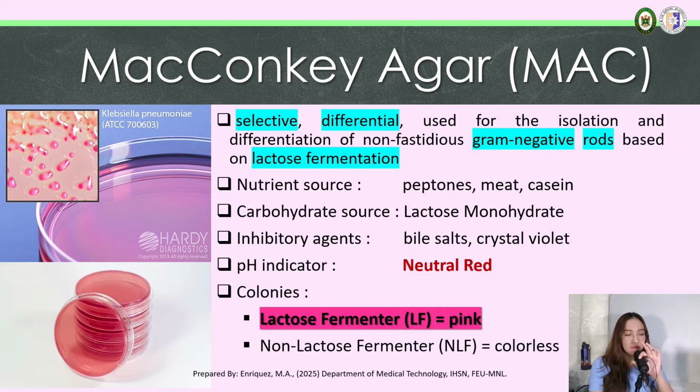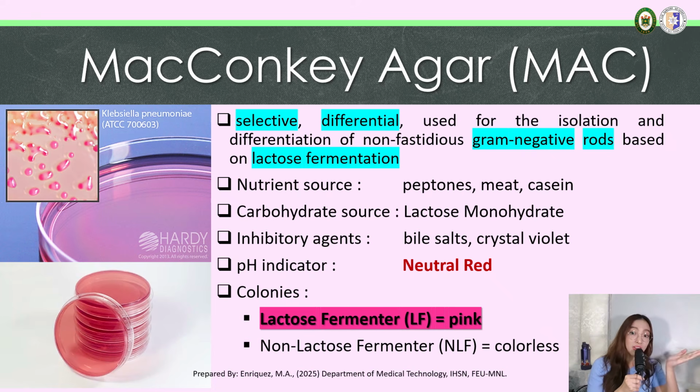But if, for example, the bacteria did not utilize lactose in the culture media, then no acids will be produced. So if there is no acids produced, nothing will react with the pH indicator. And this will lead to non-lactose fermenting bacteria that are clear or colorless. Okay, so ulitin po natin, lactose fermenting, pink colonies.